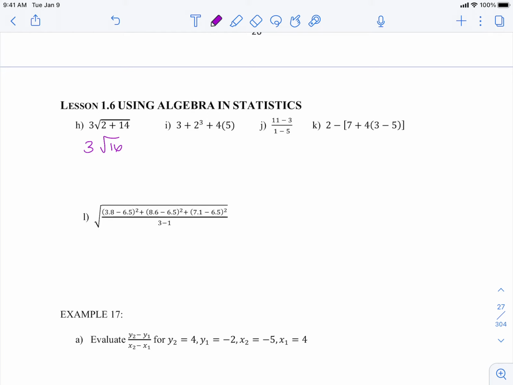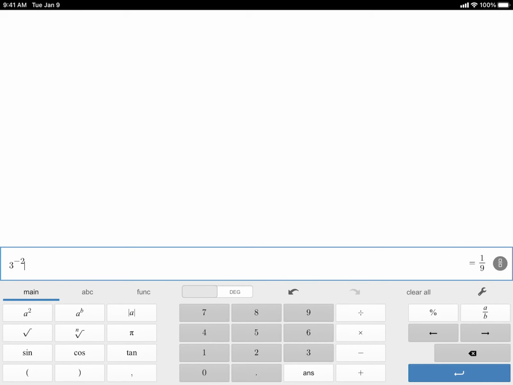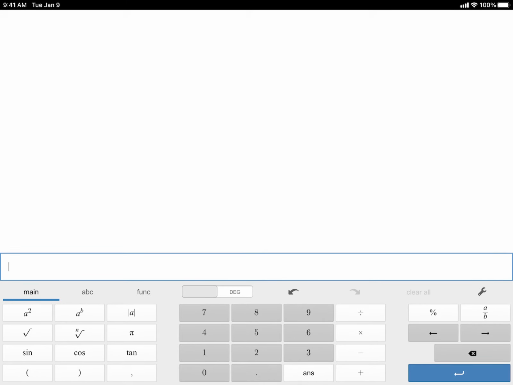Square root of 16 is 4, so 3 times 4, which is going to give us 12. Okay, now you can do this in the calculator here. I can do 3 times the square root of 2 plus 14, and you'll see that also shows us it is 12.